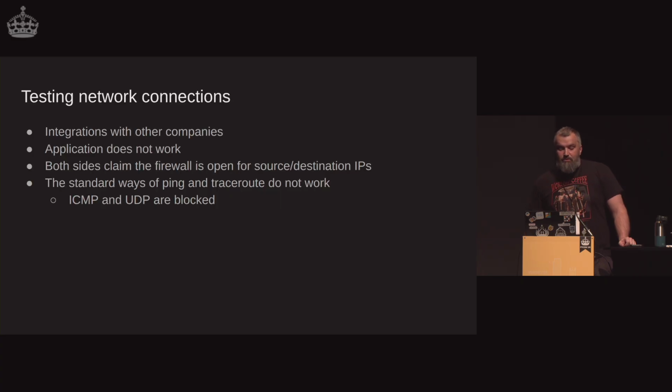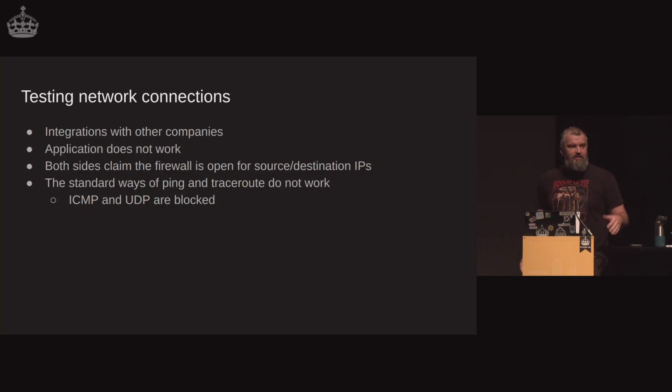Then about networks, oftentimes we integrate with different companies, and since I'm in finance, there are strict security rules. The typical is that our company opens some route through the firewall, and the other side does the same, and then they say, okay, now it's done. We as application developers try to run some tests and it doesn't work.